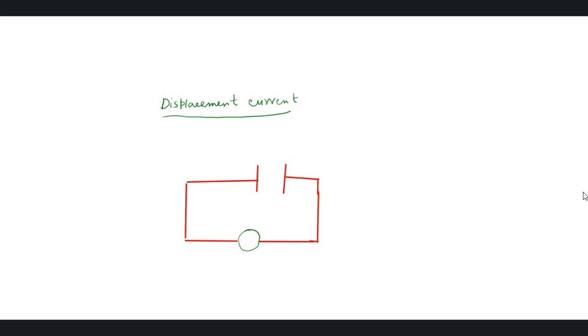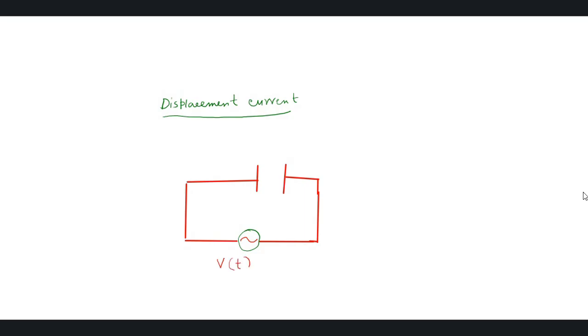Here we are having an AC source. The charging device is an AC source whose voltage is varying with time. We know that in case of AC, voltage varies with time. So let's say this is a charging device whose EMF is given by V(t).